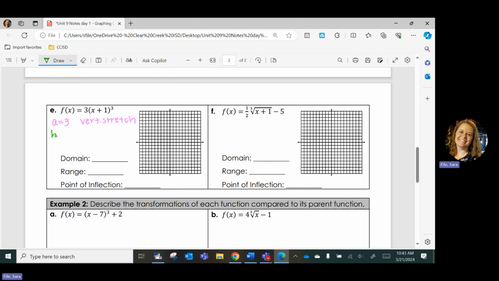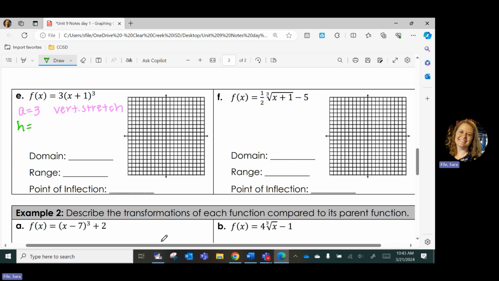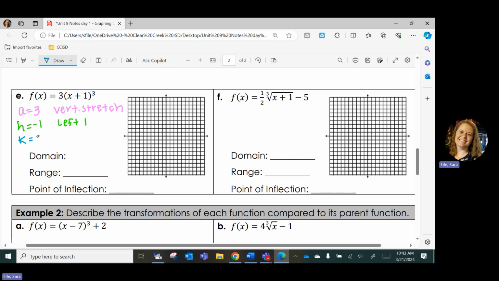Okay, what is H? It's the opposite sign, remember, so it's going to be -1. So what does that do to my graph? Good. Left 1. And my K? Yeah, there is no K. It's a 0, so there's no up or down shift.